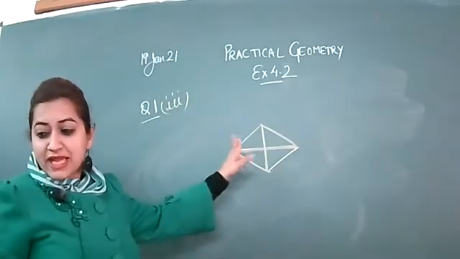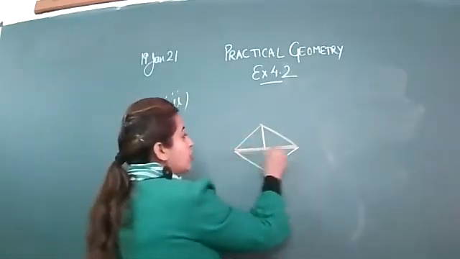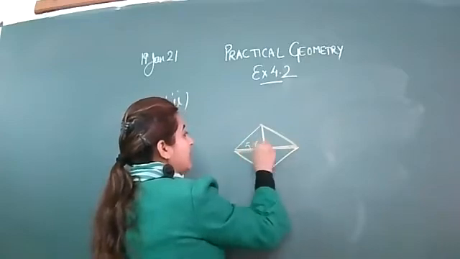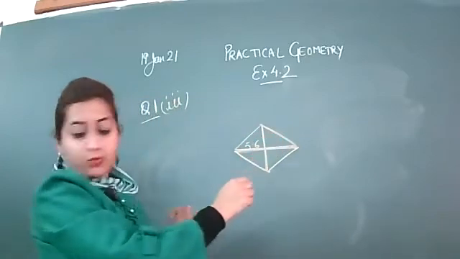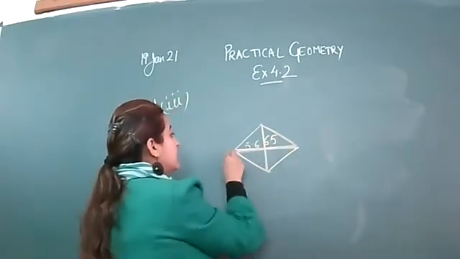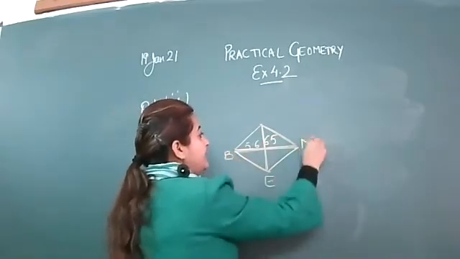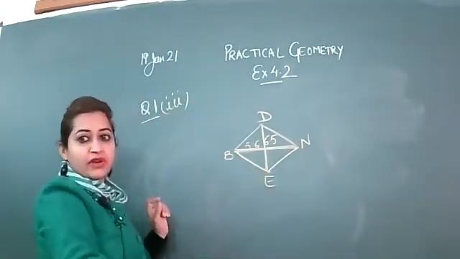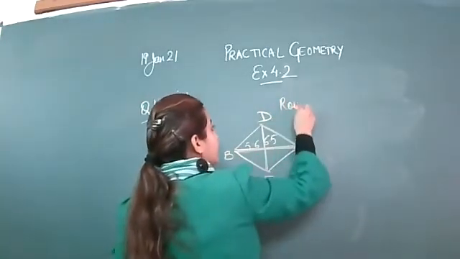And you can see that one of the diagonals is your 5.6 and another one is your 6.5. These 2 diagonals are given and the name is B, E, N and D. This is your rough figure now. So you will write here rough figure.